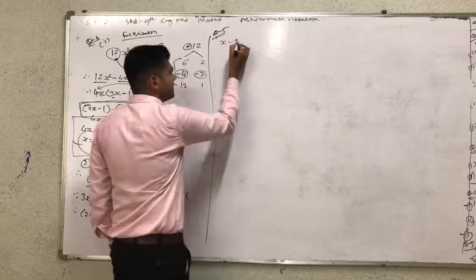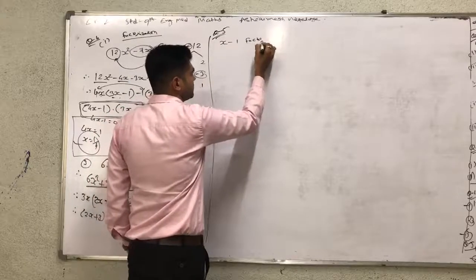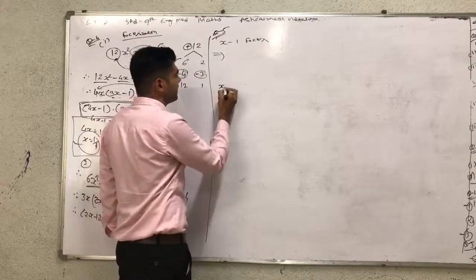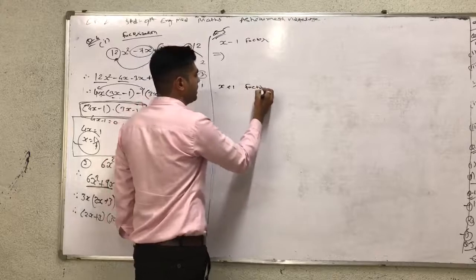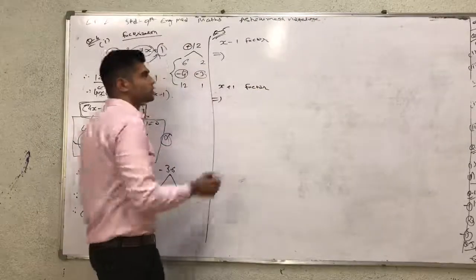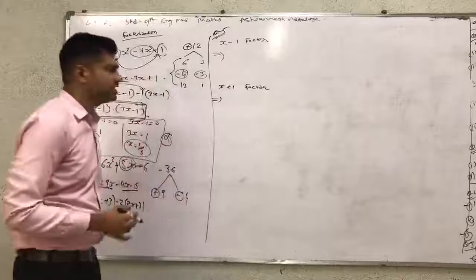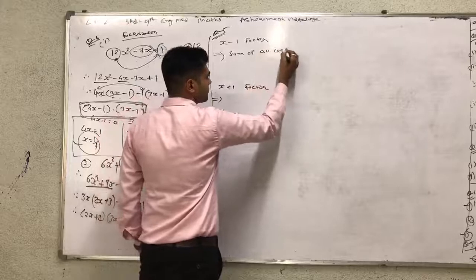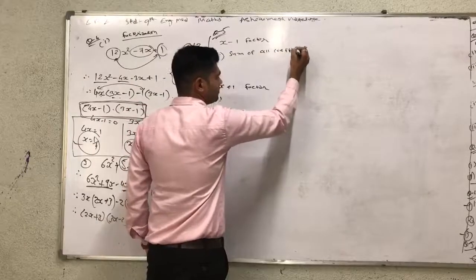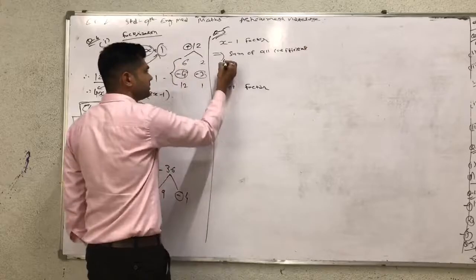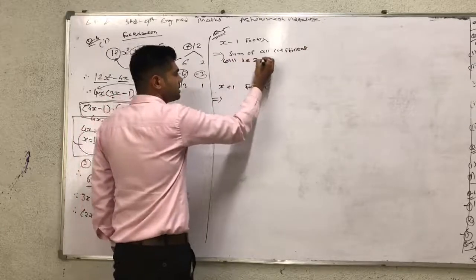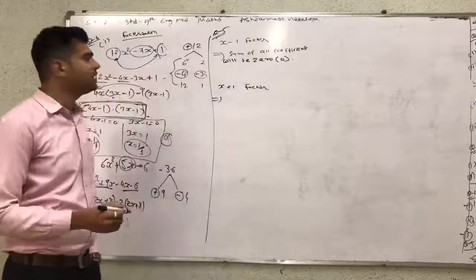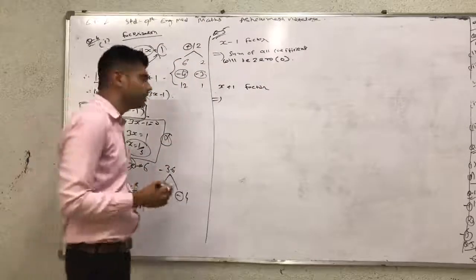The factor x minus 1 has some condition, and the factor x plus 1 has some condition. So when is x minus 1 a factor? Understand, if the sum of all coefficients is 0, then we can say that x minus 1 is a factor of the given polynomial.